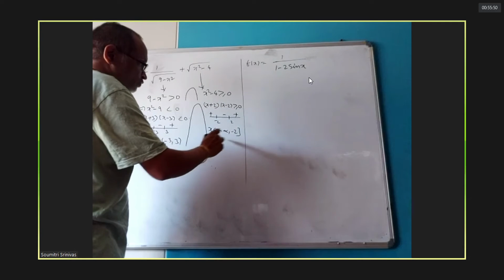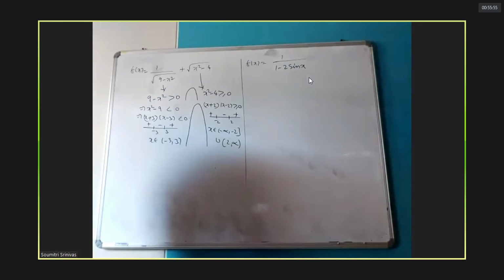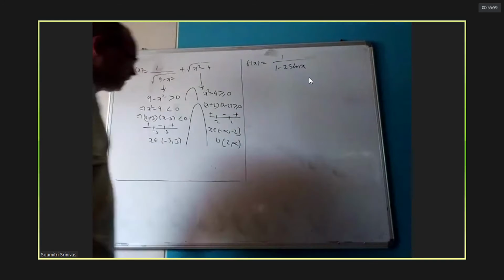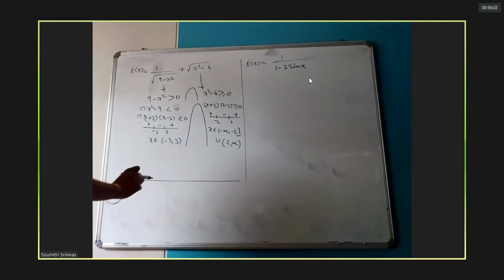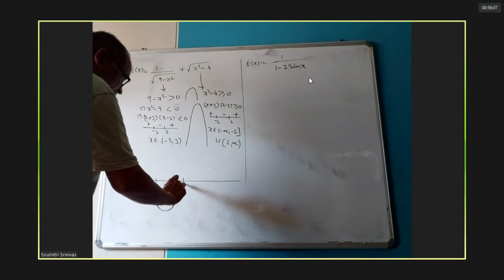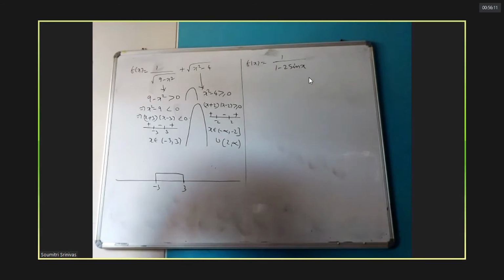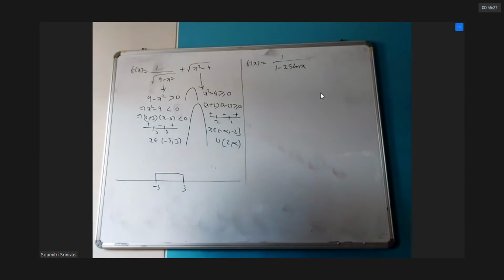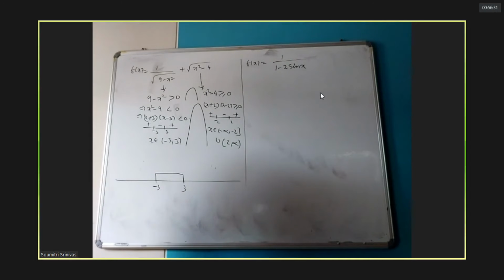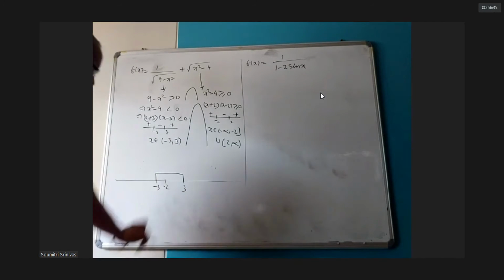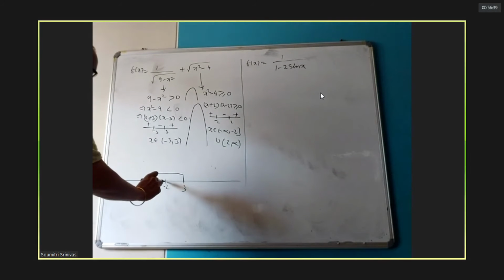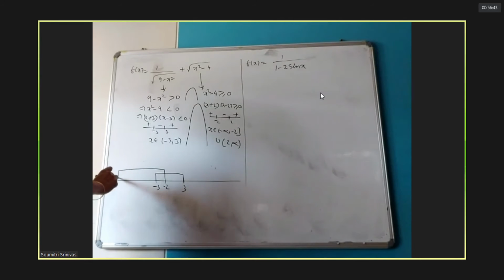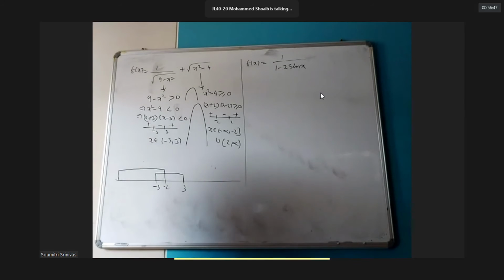Where will x belong to? Minus infinity, minus 2 closed, union 2 closed, infinity open. अब ये दोनों का क्या लेना? इंटरसेक्शन, minus 3 to 3 में. Minus infinity to minus 2: with respect to minus 3, where is minus 2? Left. Next, where will 2 lie?